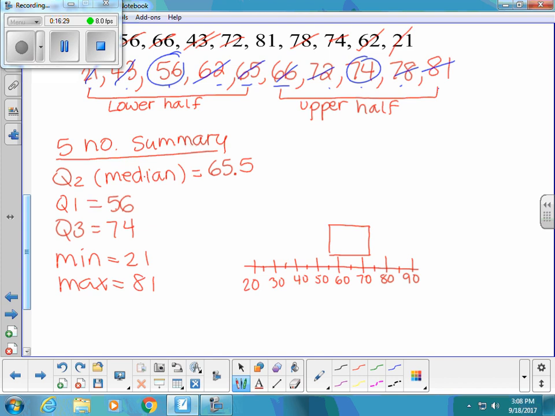And at 65 is a line, so that's my Q1, Q2, and Q3. And then my whiskers extend out to 21, so almost all the way to the end, and 81, so just past 80. Okay?